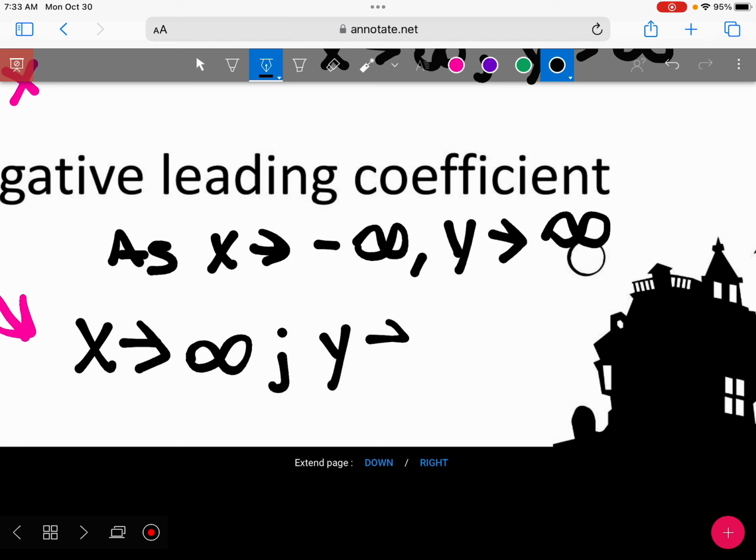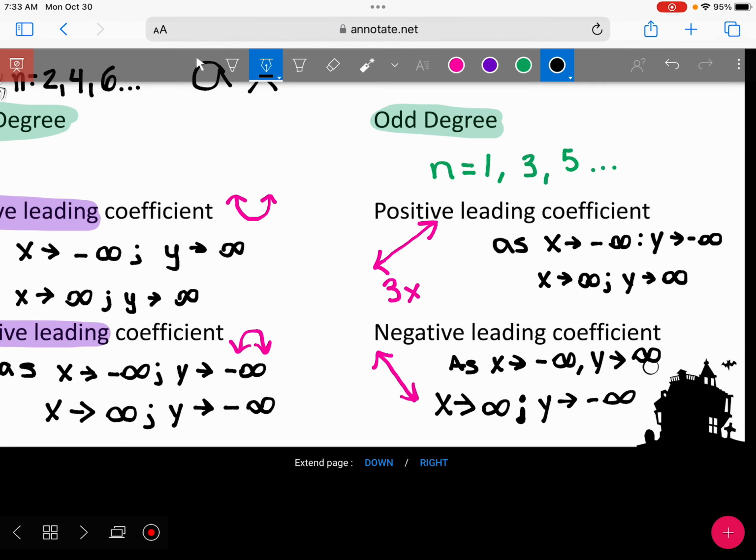Y approaches negative infinity. Tradition is to put a semicolon or a comma there. I don't really care what punctuation we put in between. If we get the x approaching and the y approaching, the punctuation's just grammar.